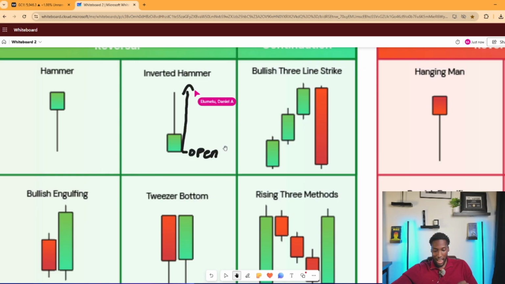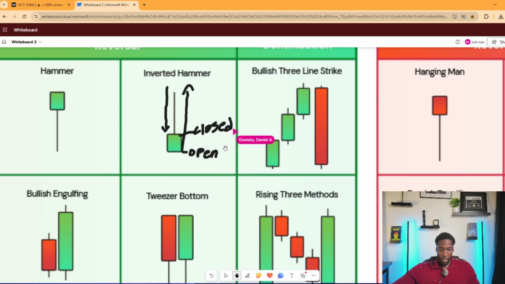Then sellers said, hell no, pushed it all the way back down, and it closed here. We do not want to see this when we are trying to take bullish trades. That means sellers are fighting and they're pretty strong. I don't want to see that, right?